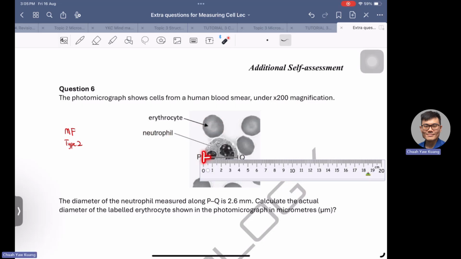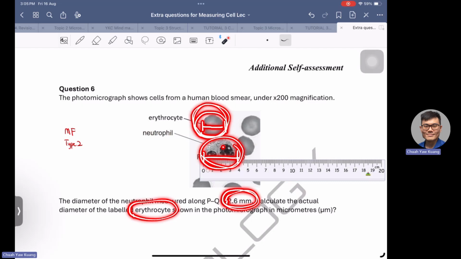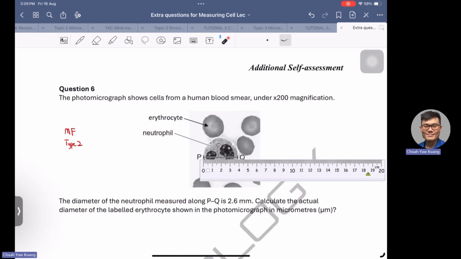So we are going to use this 2.6 mm as the reference in order to find the image size for this erythrocyte first. That is a red blood cell, because this is what the question wants. The question wants the size of the erythrocyte. So that's why we will use the 2.6 mm of the neutrophil to find the image size of this erythrocyte first. That should be our first step, so that only then we can later substitute the image size of this erythrocyte into the magnification formula.